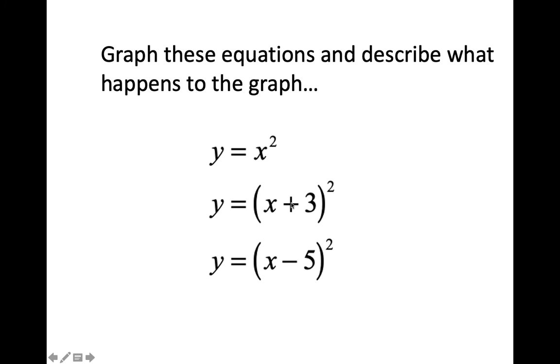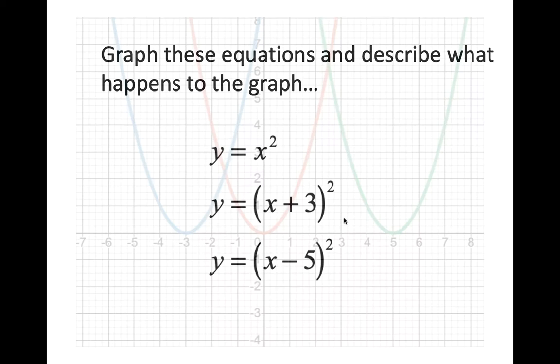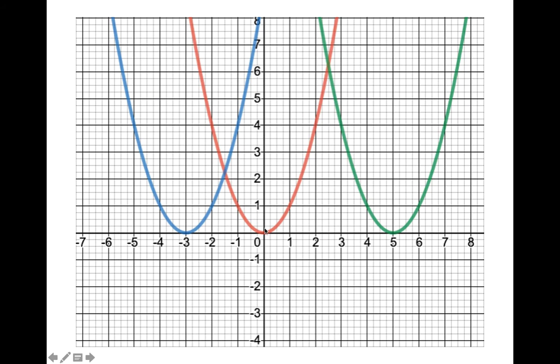Next, if I take some numbers and put them inside a bracket with the x, all squared, what happens? If we look at this one, here's our original in red. If we add 3, the graph actually moves to the left 3. If we subtract 5, then it goes to the right 5 and gives us the parabola that you see.